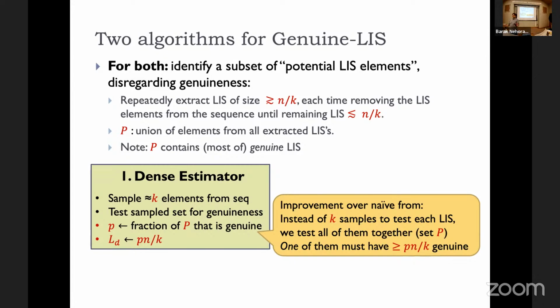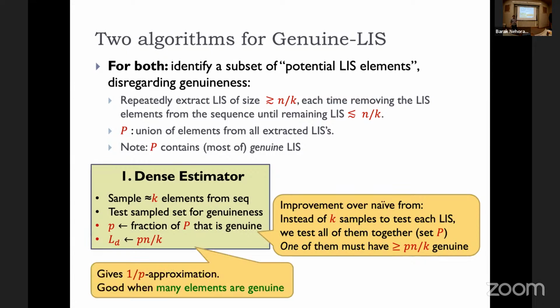There's nothing weighted here. Think about it like we always extract, let's say, an LIS of size t n. And this gives basically a 1 over p approximation. Why? Because it could be that among these extracted LIS, some of them have a much higher rate of genuineness, maybe constant, and some have a much lower one, so the average is low.